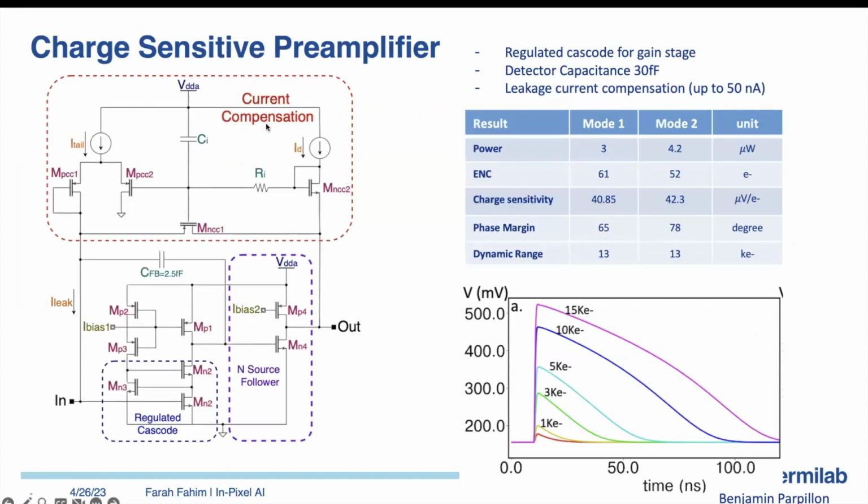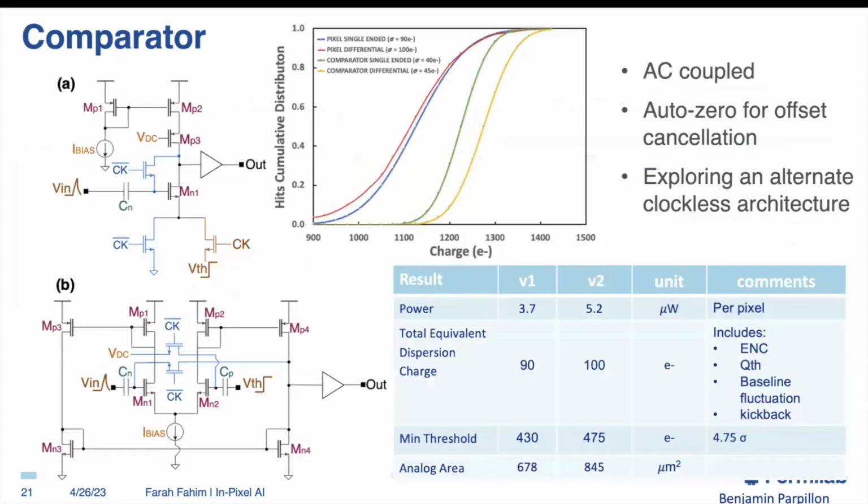Okay, so this is what the preamplifier looks like. We have 2 modes of operation, one with lower power and the other with slightly higher power. This is all designed in the 28 nanometer process. Obviously the higher power mode has better noise performance, but basically the front end works like a traditional preamplifier front end.